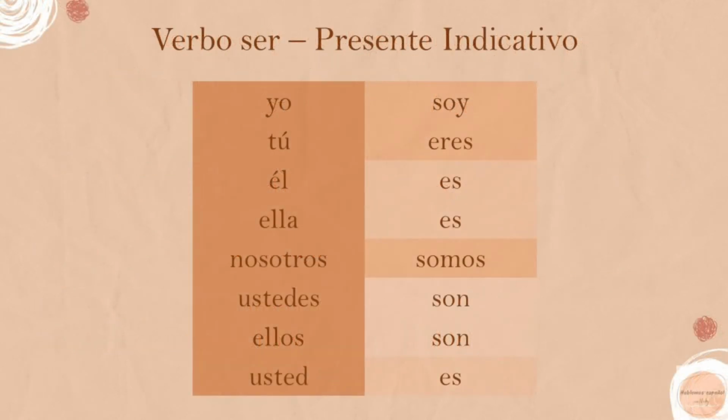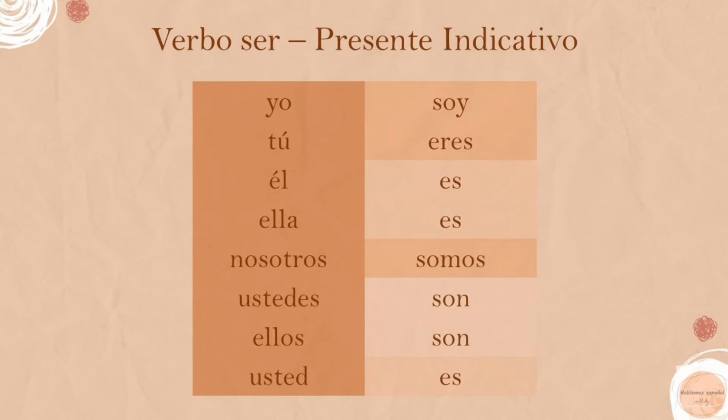Now, let's see how to conjugate the verb ser in present simple. We have yo soy, tú eres, él es, ella es, nosotros somos, ustedes son, ellos son, usted es.